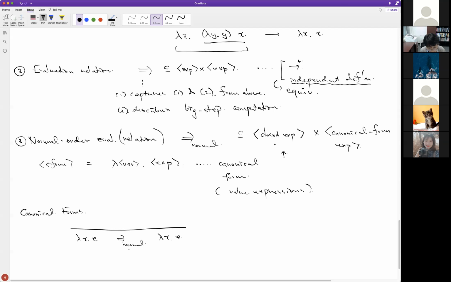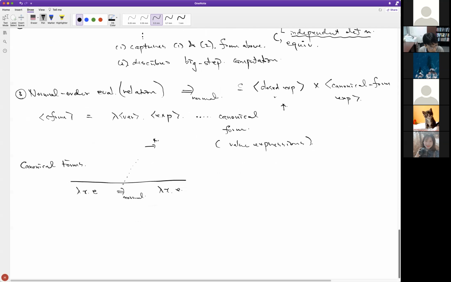As I said, this normal order is not corresponding to a single contraction. It corresponds more to this multiple step computation formalized by reduction. So if we have a canonical form, don't do anything. That's the final answer that we already got. So we just return it.